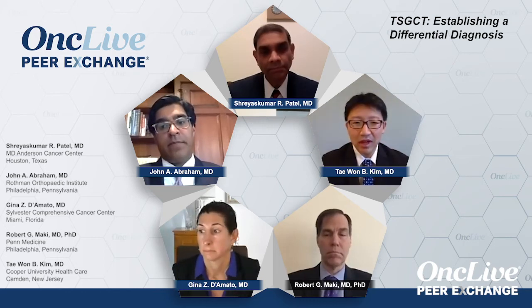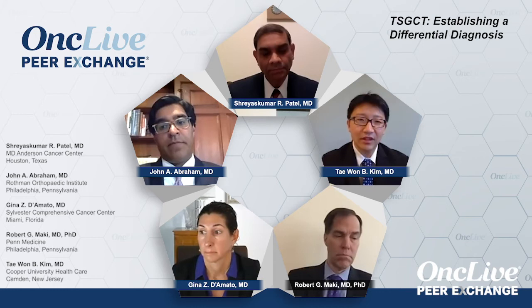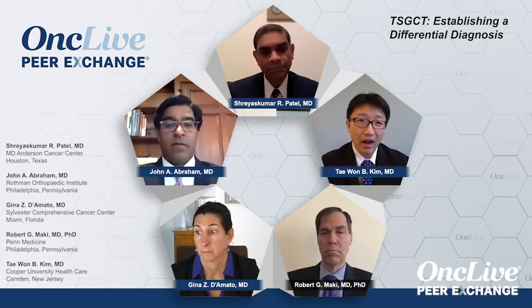There are people who have discussed metastatic melanoma as being on the differential diagnosis, although pretty rare, especially in the joint. But I think it's something you have to think about.